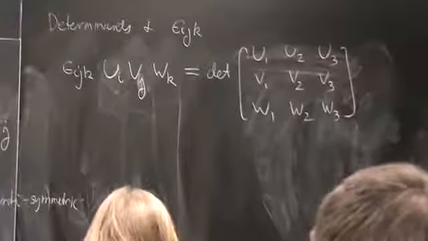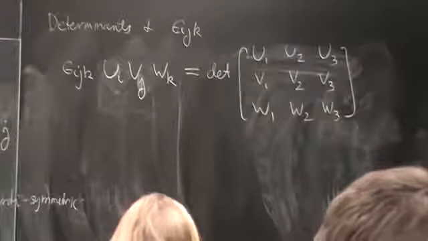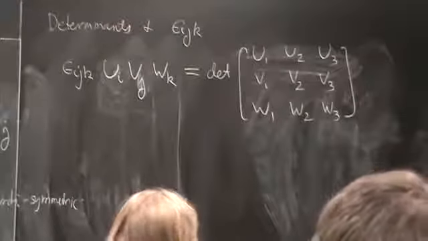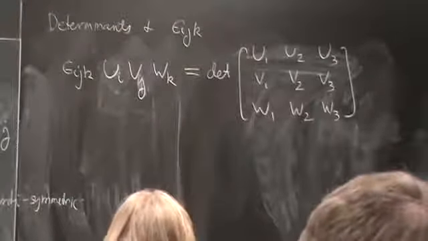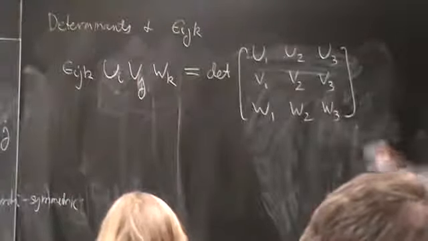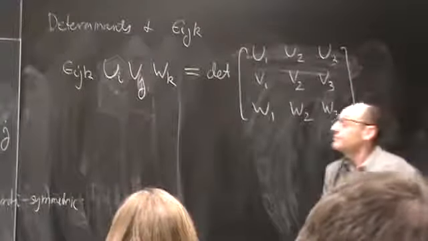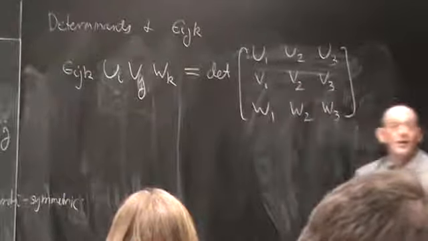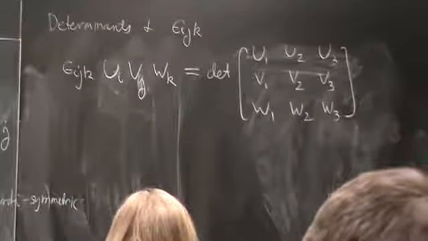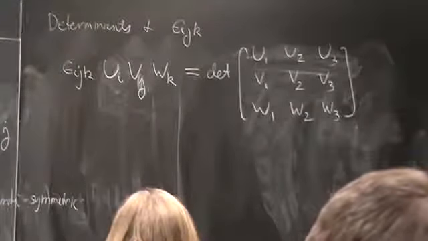Because if you switch any row or column, the determinant is minus itself. And if any two rows are equal, then this is also 0, as you expect.